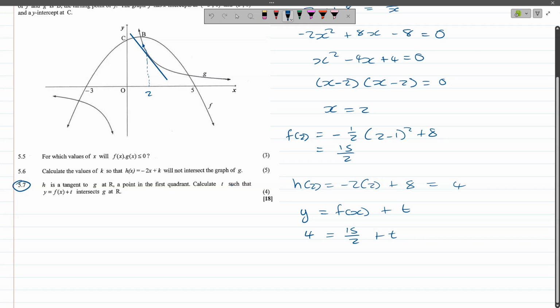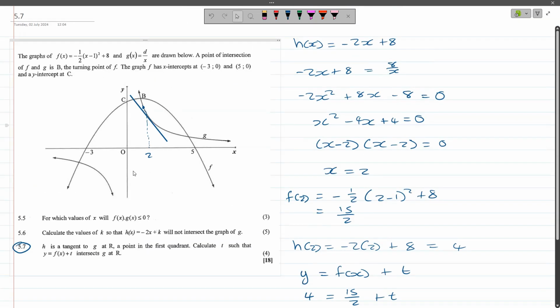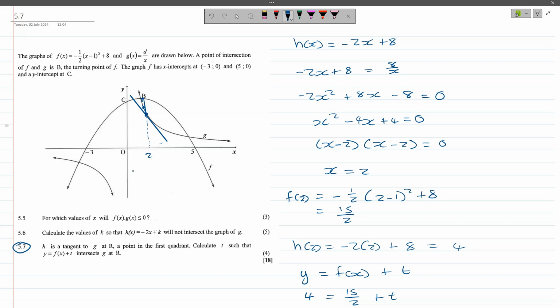Take 15 over 2 to the other side, and you get that t will be equal to minus 7 over 2, which makes sense if you think about it, because t has to be negative. If we move this function by 7 over 2 units downwards, it will come to the point of intersection somewhere over there. And that is what we are looking for.